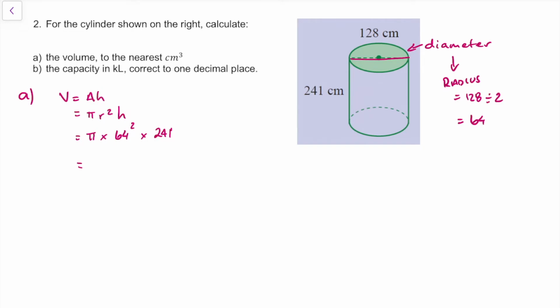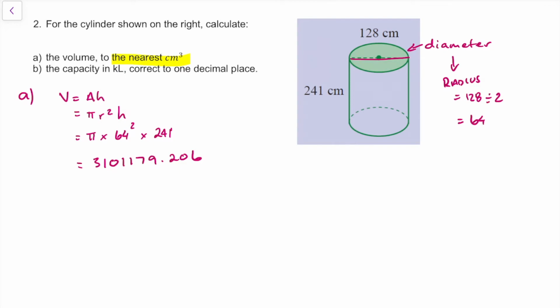So we have pi. This is what we're plugging into our calculator, 64 squared, and multiplied all by 241. We're going to get 3101179.206. Now, this is asking us to do this to the nearest centimetre cubed. That means nearest whole number.